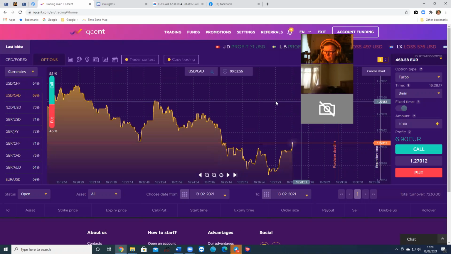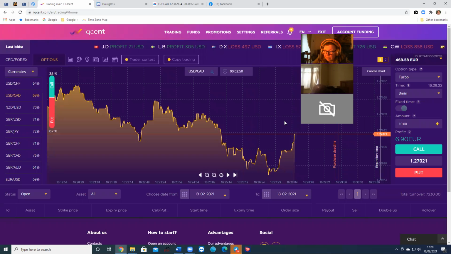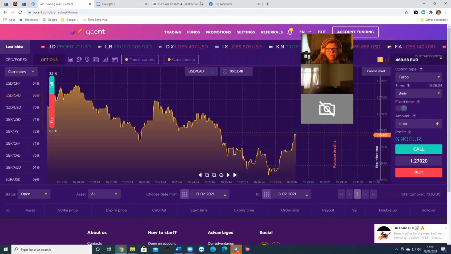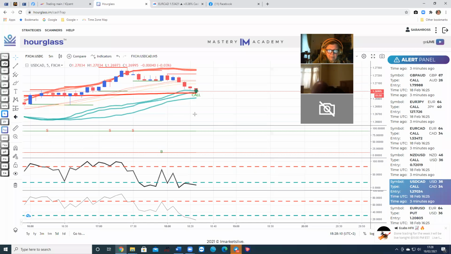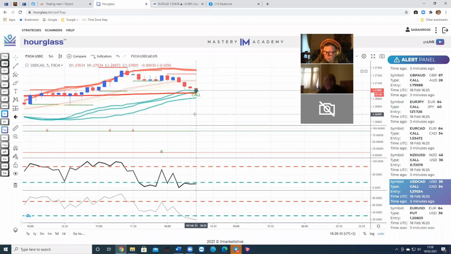And it's up at 012 now. 27020. 27034. So it's actually below our strike price that it's called. It's below that, and HourGlass has told us not to get into it till 034, and it's at 010.